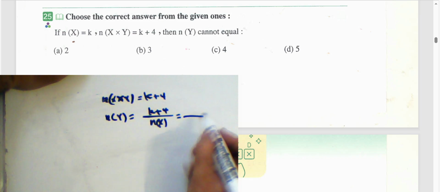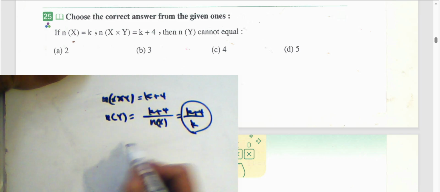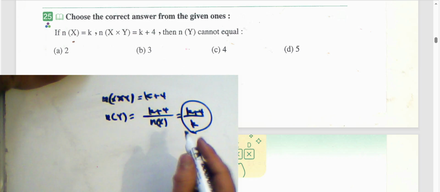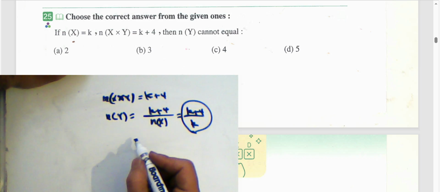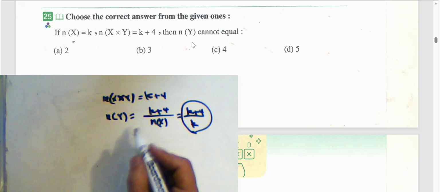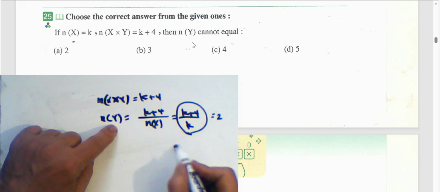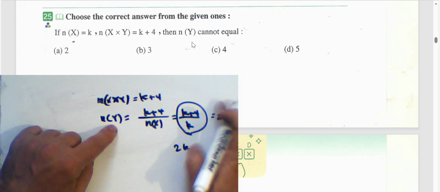The number of elements of x equals k, then k plus 4 over k. He asked about not equal what? We must write whole numbers for k. If you put number of y equal 2, then 2 times k equals 2k. Understood what I will do?